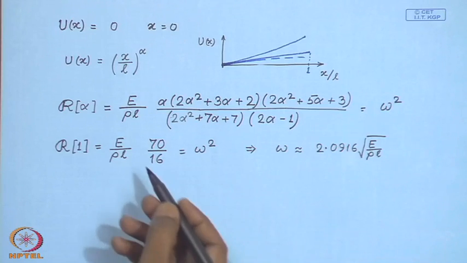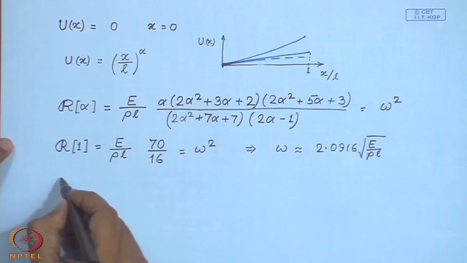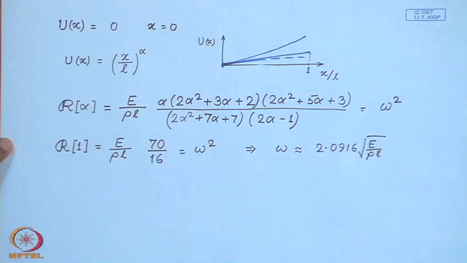Now, let us see what happens if we minimize with respect to alpha.